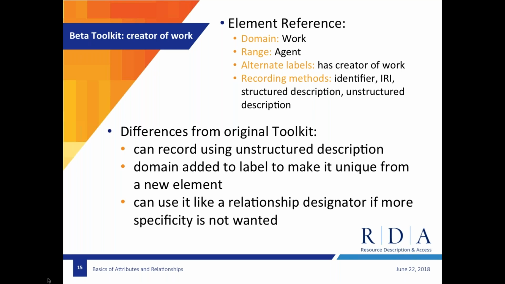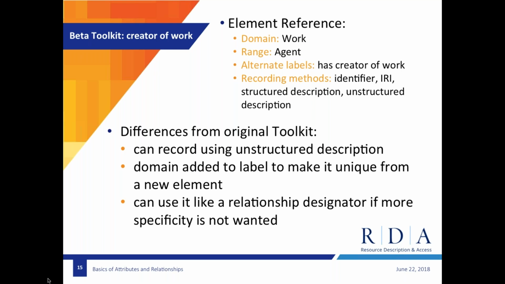One is that I now have an additional recording method available to me. I can use an unstructured description. In the original toolkit, this was very strange. For relationships between the WEMI entities, you could use an unstructured description, or as we sometimes like to say, note.